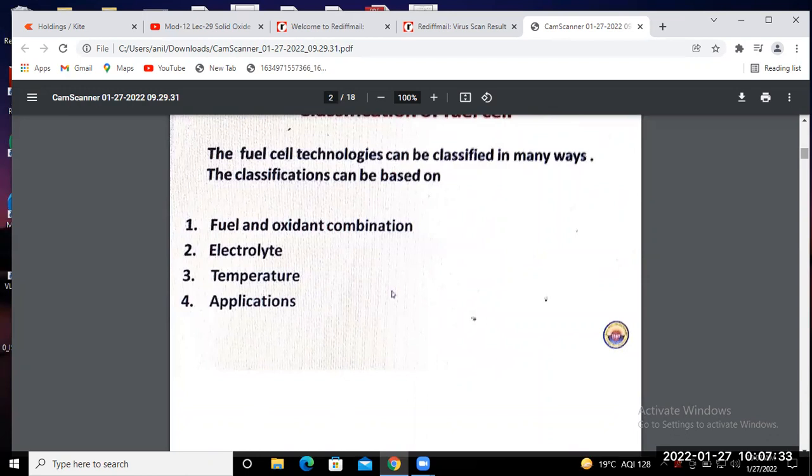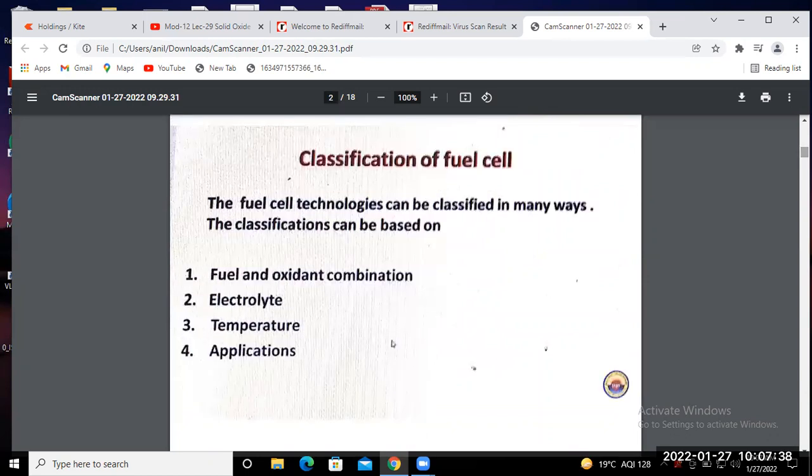So we will see one by one, and later on we will discuss. Just concern about the classification of fuel cell. What are the various fuel and oxidant combinations? We discuss the oxidant combination, fuel and electrolytes.